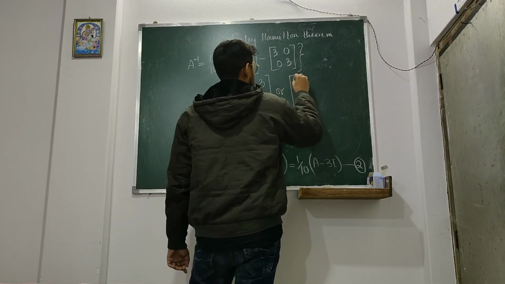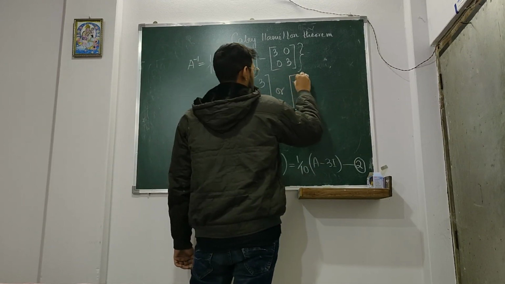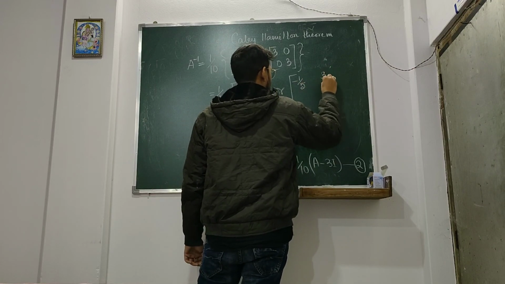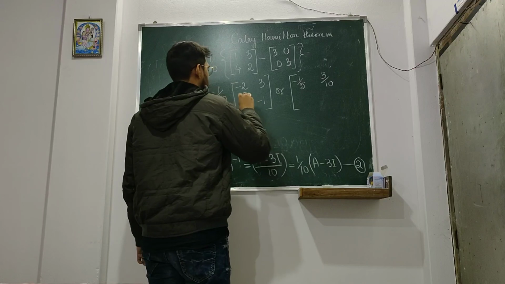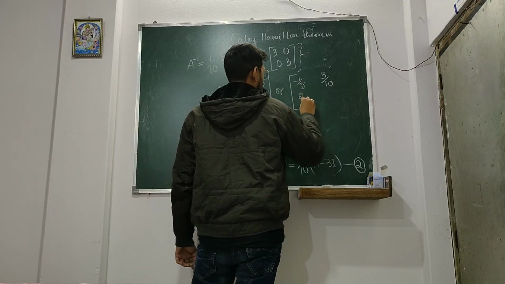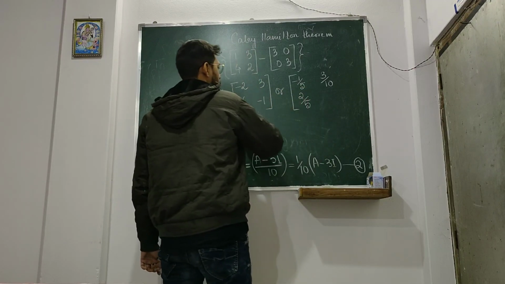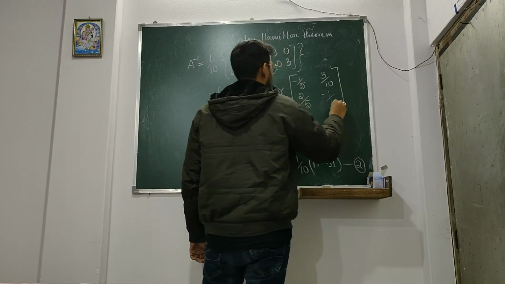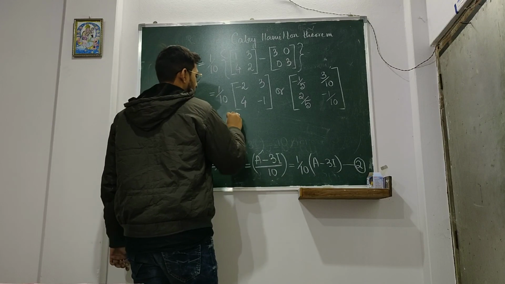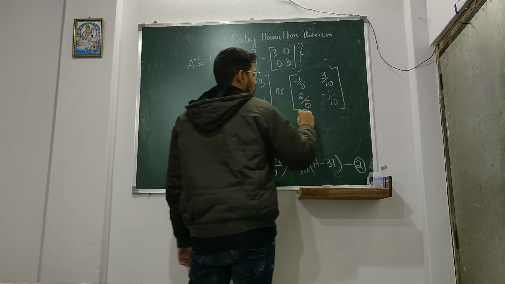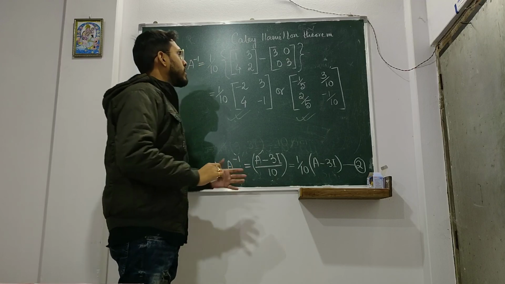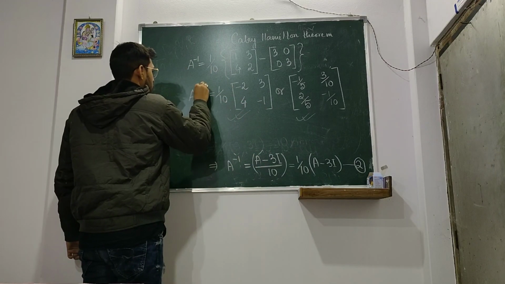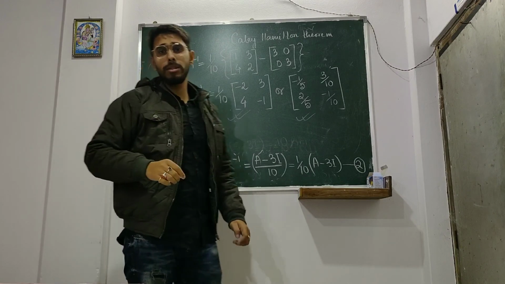So it will be minus 2/10, which equals minus 1/5, then 3/10, then 4/10 or 2/5, and finally minus 1/10. You can represent this answer like this or like this. That is how we are getting the value of A inverse by using the Cayley Hamilton theorem.